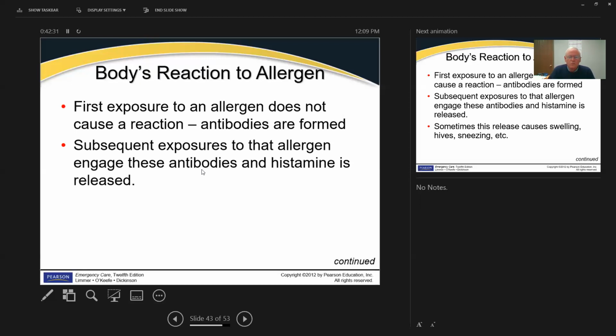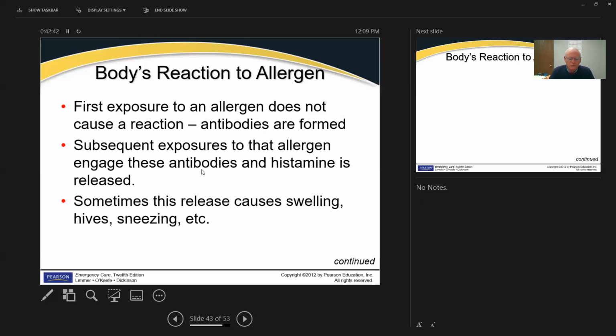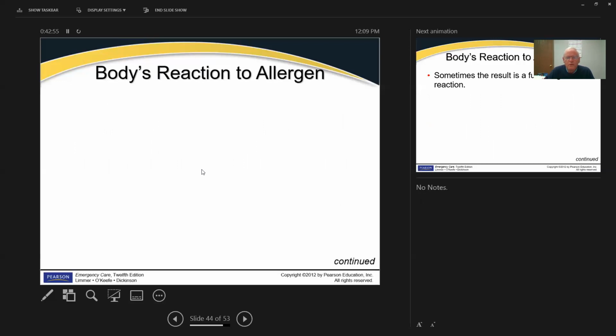So once you have been exposed, and if you get exposed again, in some cases, you can have an allergic reaction to that. And that could be swelling, you could have some hives, you know, sneezing, watery eyes, things like that. Those are normal reactions to allergens, okay? Not a big deal.